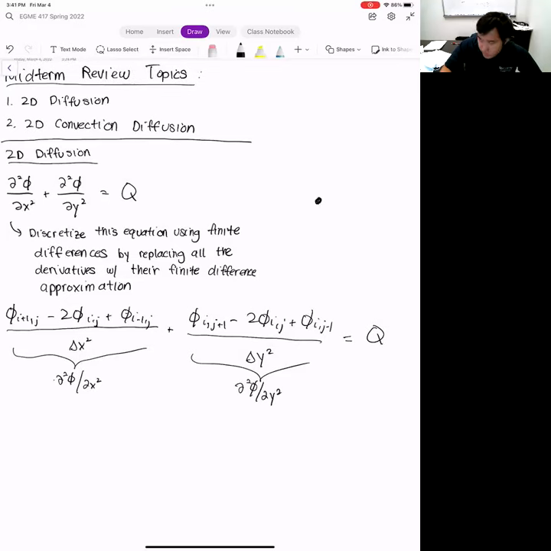Right, and so let's talk about this notation a little bit, because the i's and j's are important. And so remember, the way that we apply this equation is that we have our two-dimensional grid. And so our two-dimensional grid is comprised of nodes in that kind of nodal structure. And so when I say that we're going to apply this finite difference approximation to a particular node, what I mean is this.